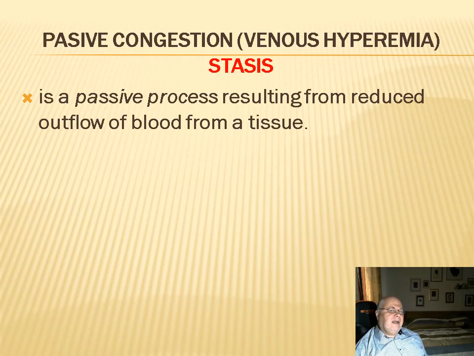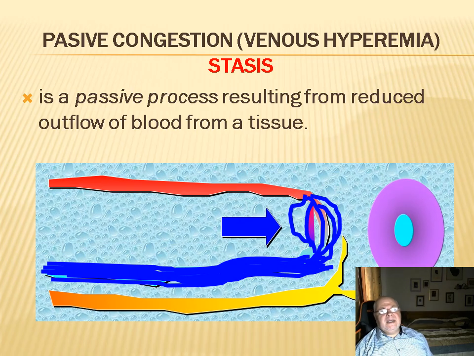The second form of hyperemia results this time from a passive process of compression of a vein. Being compressed, at the venous end of the circulation, the blood is stagnating in the capillary bed which is tributary to the affected vein. And as a result, we have what in English is called passive congestion.